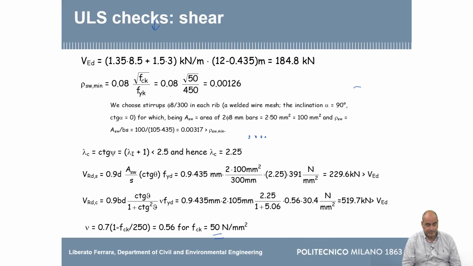Okay? So with two 8mm stirrups, one per rib, we are okay. And we decided to put them every 300 millimeters, every 30 centimeters.